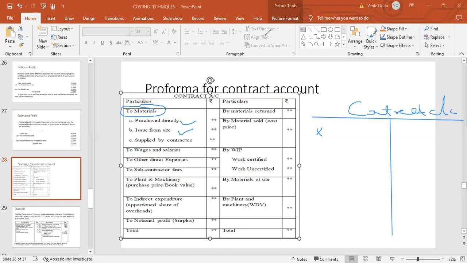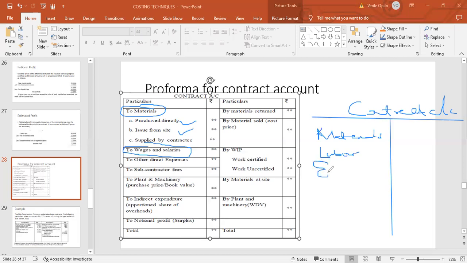So you start off with the materials. So you include all the materials that have been incurred. Then you go now to the labor costs. So in this case, you're going to show the various wages and salaries that you paid to the employees that were involved in the contract process.